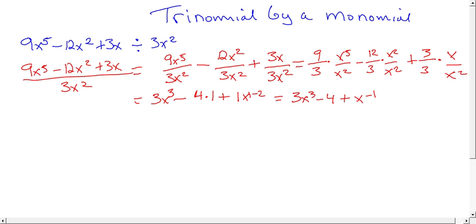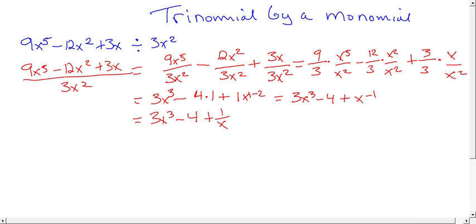Okay, and these rules say when you have a particular exponent raised to a negative power, the expression becomes a reciprocal and the power is positive. So if that's the case, we will have here 3x cubed minus 4 plus 1 over x.